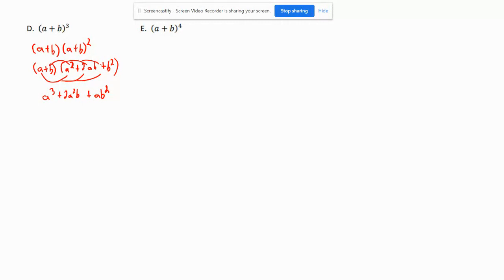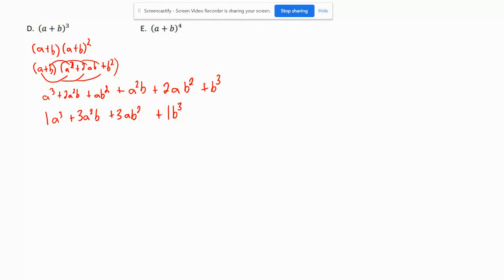Now the b gets multiplied through the brackets, plus a squared b plus 2ab squared plus b cubed. Now this is going to end up being 1a cubed. We have 2a squared b plus a squared b is 3a squared b. ab squared plus 2ab squared is 3ab squared, plus 1b cubed.